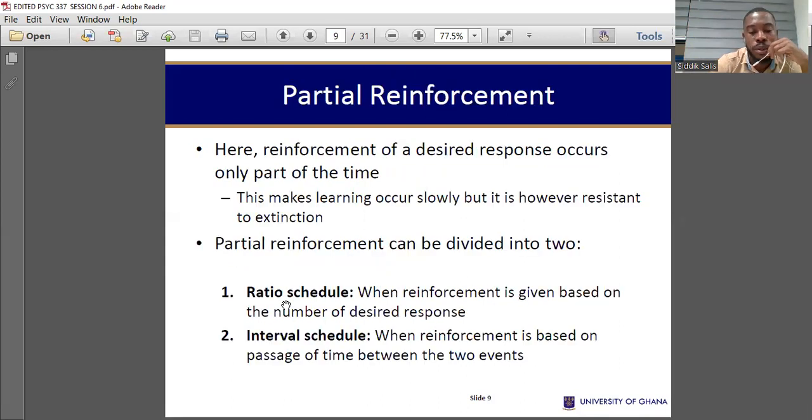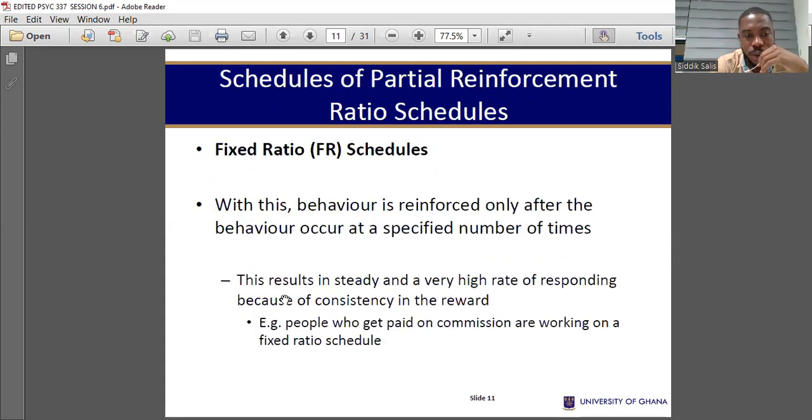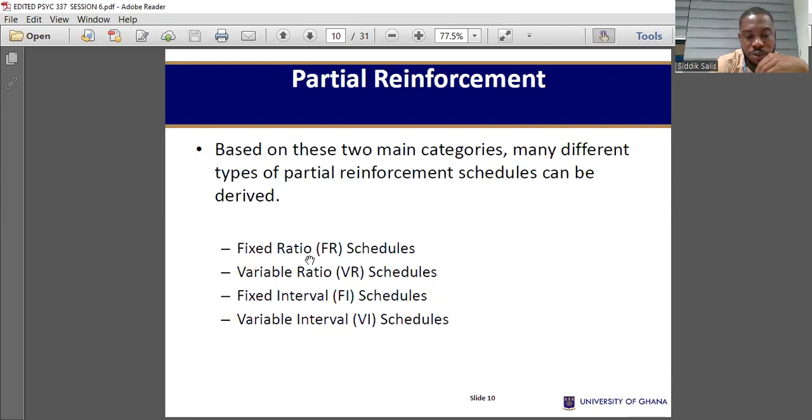Under ratio, we have two types: fixed ratio, FR, and variable ratio, VR.